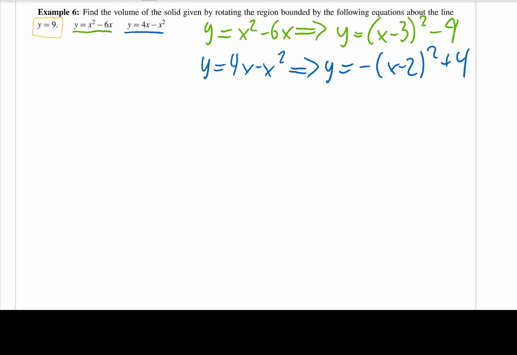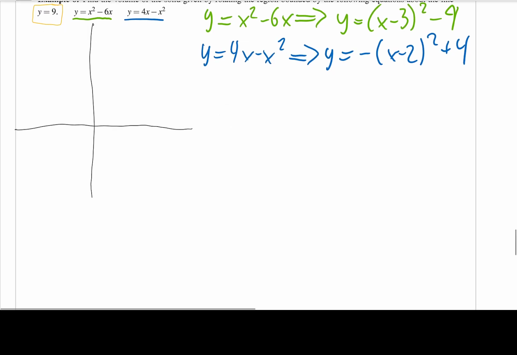Okay, so now I'm going to make the graph. I'm going to go by 2's to make this a little bit easier to draw. So this is going to be 2, 4, 6, 8, 10. So now I can draw my y equals 9 line right here.